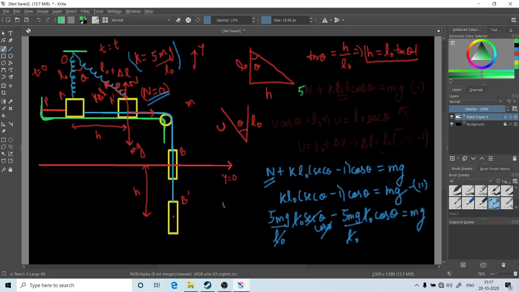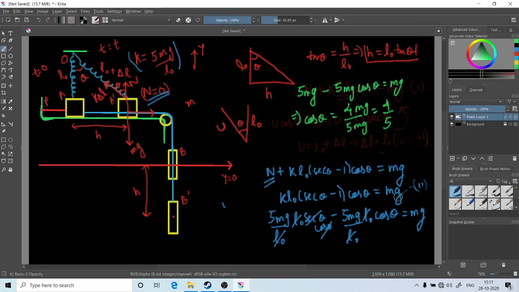So 5mg minus 5mg cos theta equals mg, of which we get cos theta equal to 4mg by 5mg, which is 4 by 5, the value of cos theta.